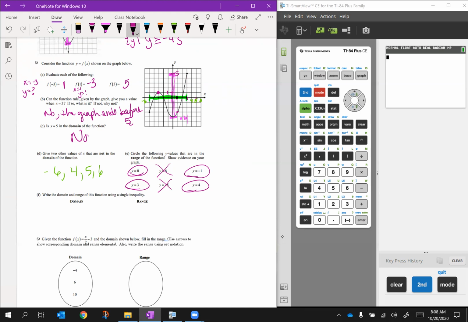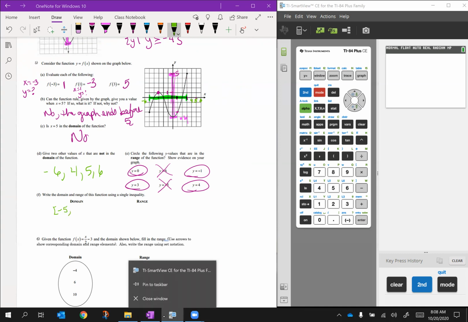Write the domain by using a single inequality. So we're looking back at our green. We said the farthest, I'll do it in an interval and then I'll do it as an inequality, is -5 included to 1, 2, 3. So to 3.